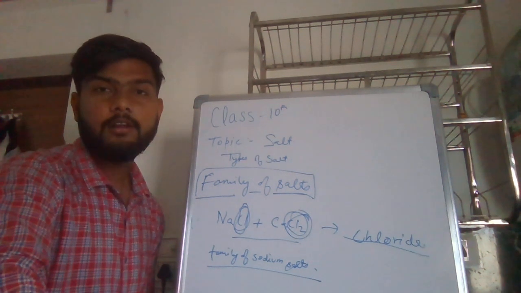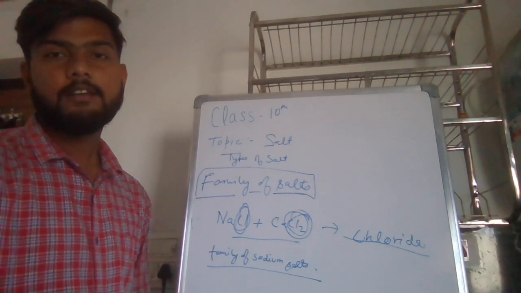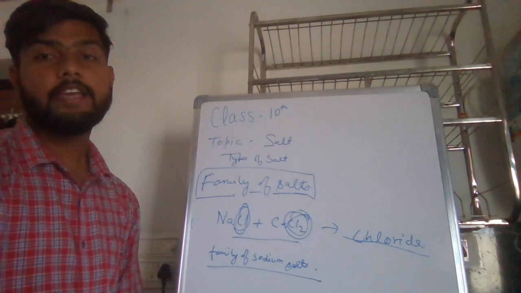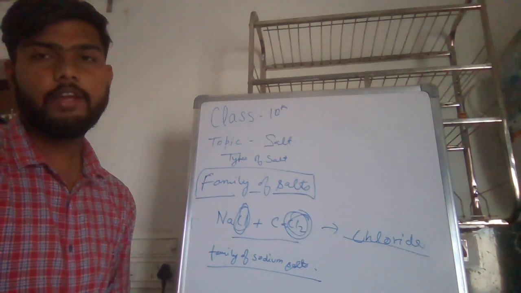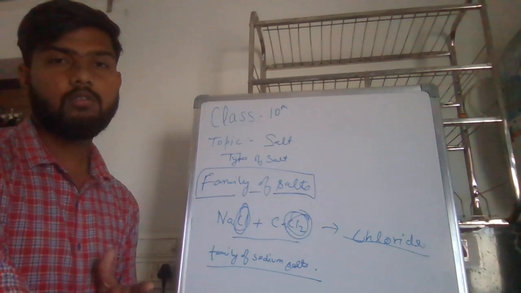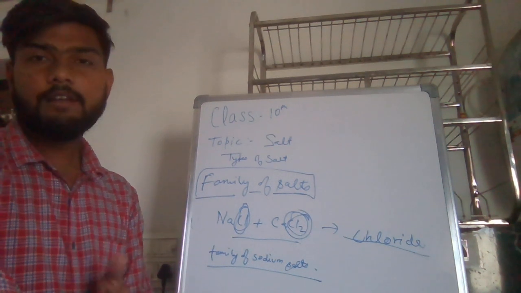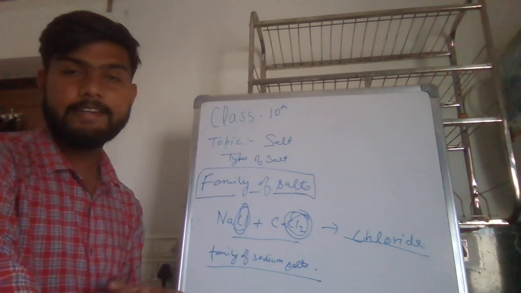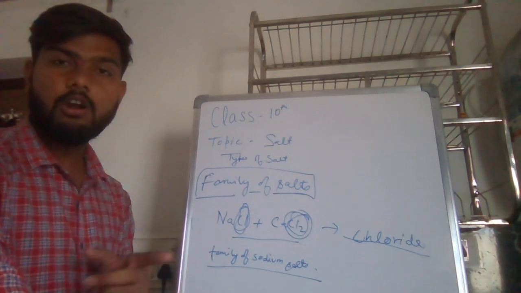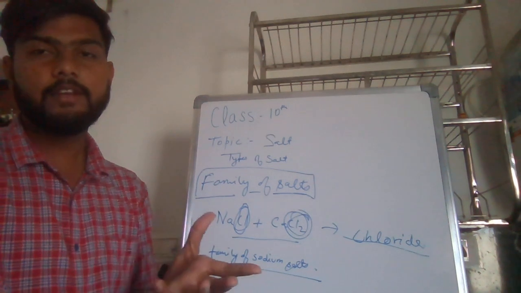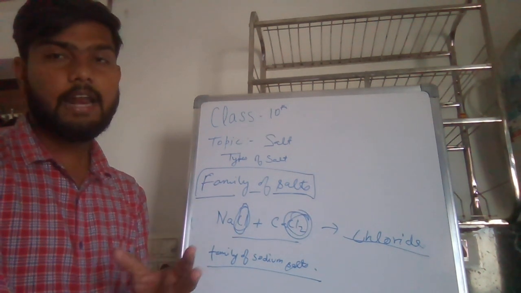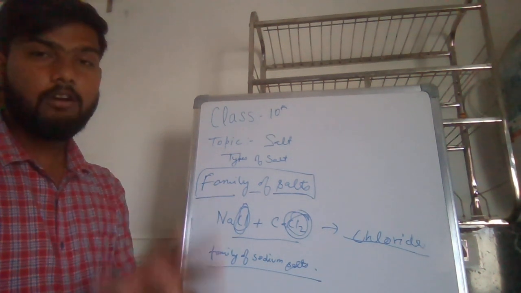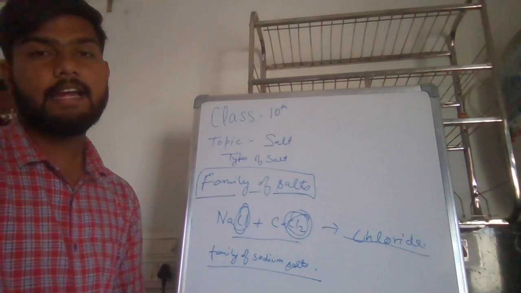Salts produced by the reaction between a strong acid and a strong base are neutral in nature, called neutral salts. Salts formed after the reaction between a strong acid and a weak base are called acidic salts, and salts formed after the reaction between a weak acid and a strong base are called basic salts. We also found out the pH value of basic and acidic salts.